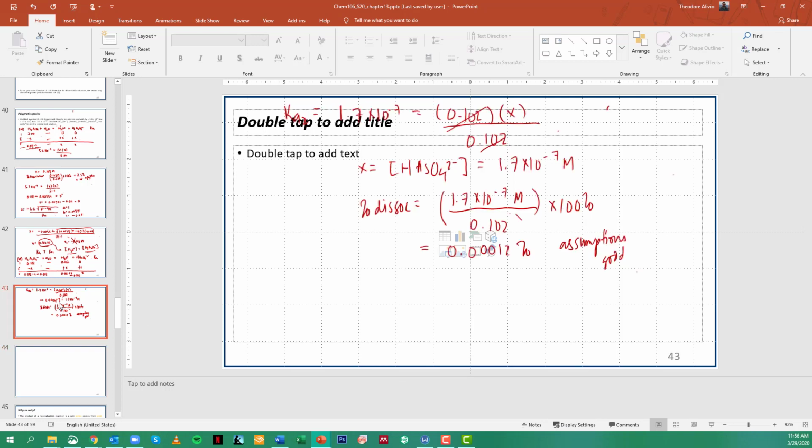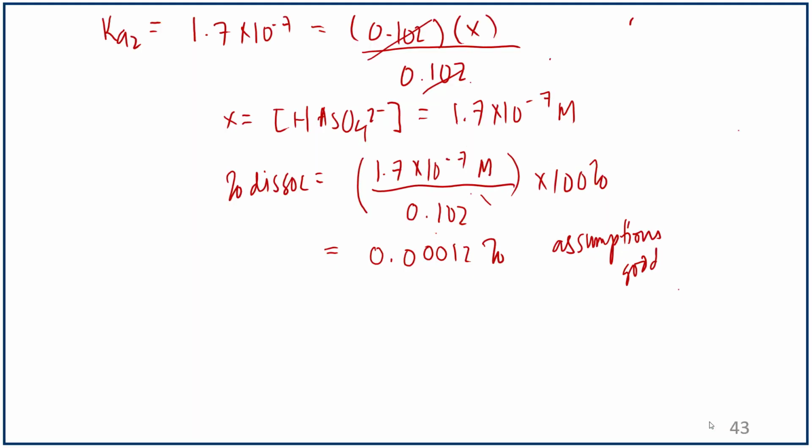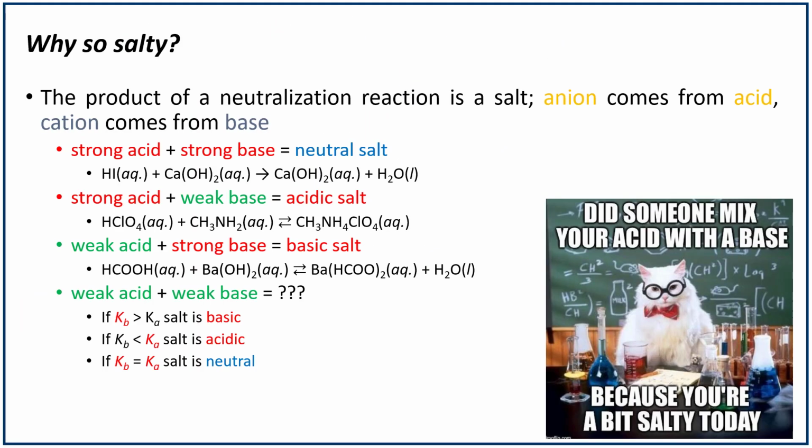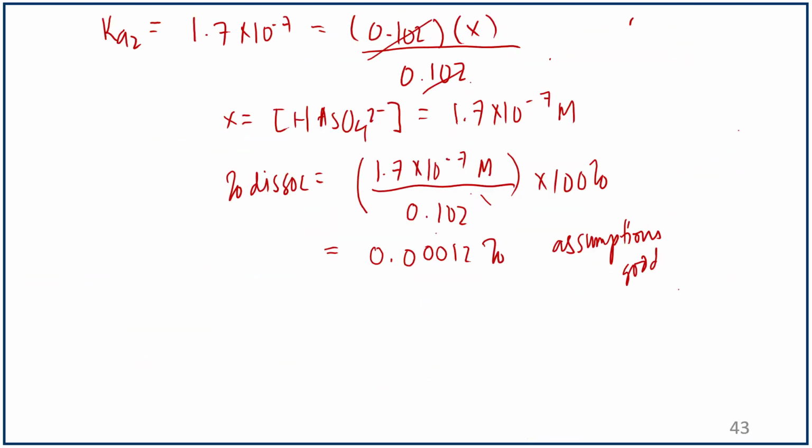This time again, note that Ka3 is also less than Ka2, which is again less than Ka1 as well.